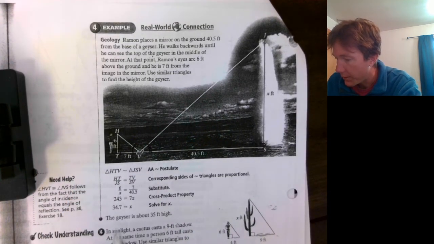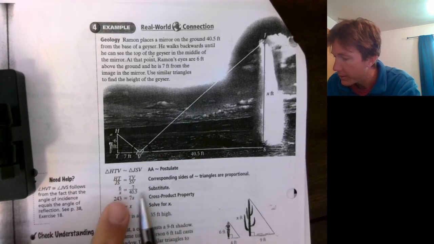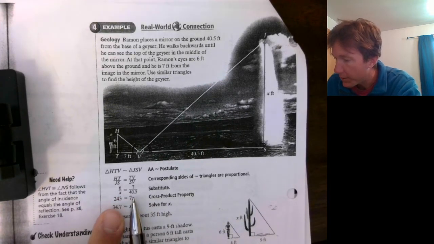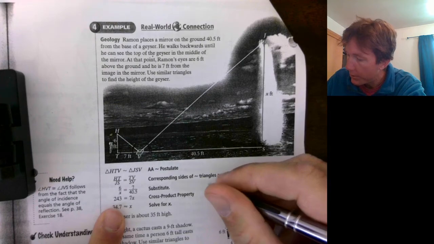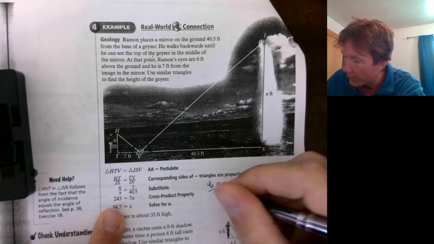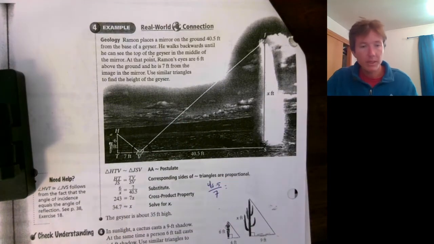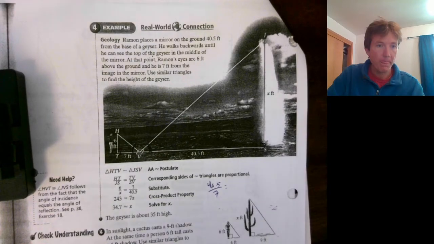So all we need to do is find out what the ratio is. They do the cross multiplying trick. You can do that, or you can do 40.5 over 7 equals something. Open up a calculator.